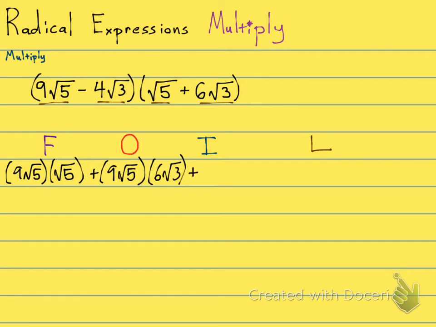Okay, plus the product of the inner two. Here's the inner two right here. Now notice this term is going to be a negative 4 square root of 3. That negative sticks to the 4 square root of 3.